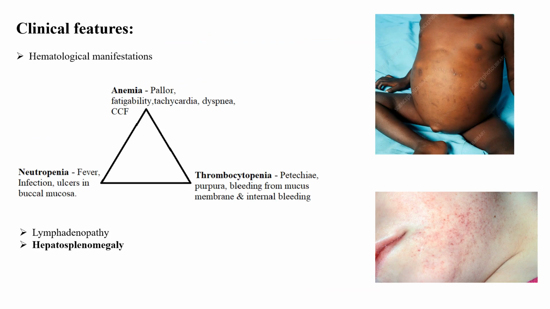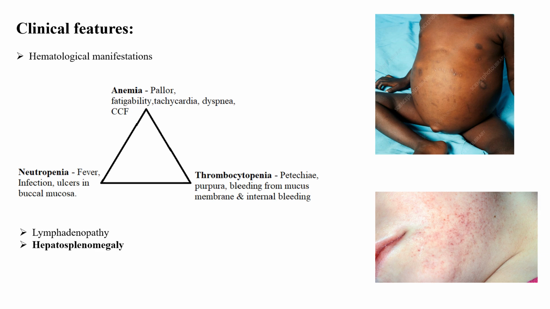These are the clinical features. So we'll have hematological manifestations since there is more proliferation of the hematopoietic precursor cells. So in the bone marrow, it will inhibit the synthesis of the red cells as well as the platelets, and mature forms of WBCs will be absent.